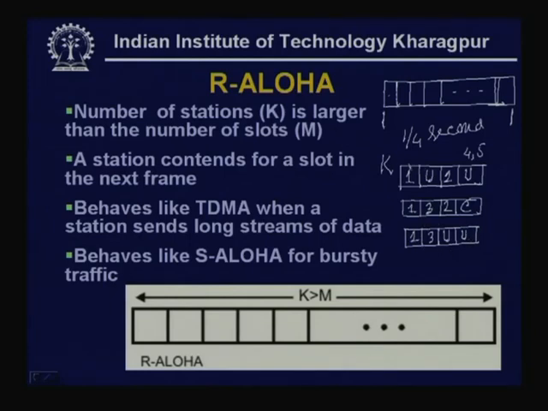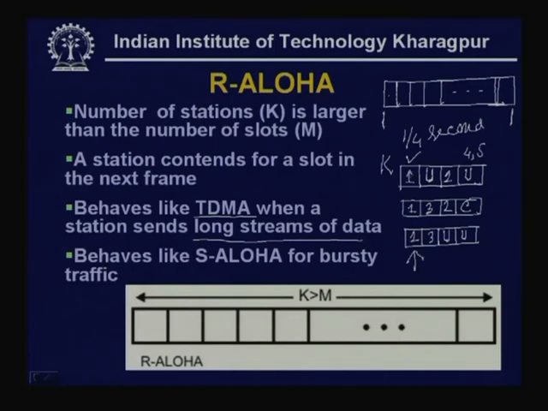A particular slot may be used, or it may be unused, remaining unoccupied, or there may be collision. Now, if a particular station keeps on sending continuously, it behaves like TDMA, that is time division multiple access, when this station sends long streams of data. This is the situation for this slot.